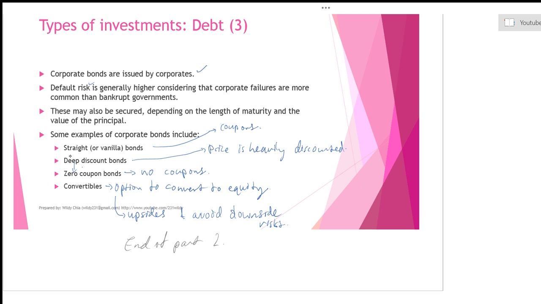Another interesting characteristic of convertible bonds is that the rate of coupon is much lower than other types of bonds, right. So there are quite a number of varieties. Okay, next.